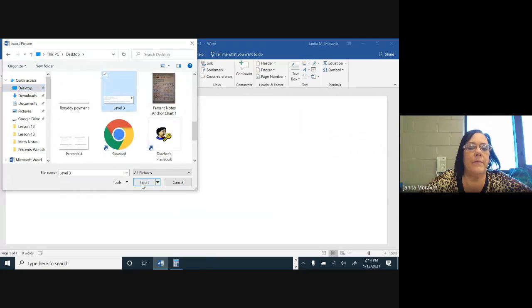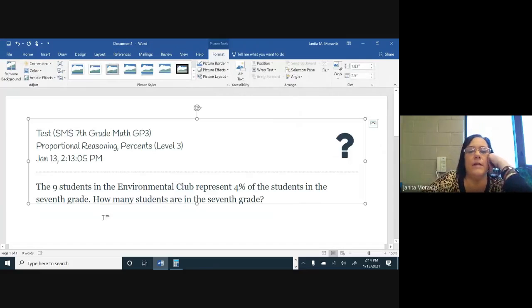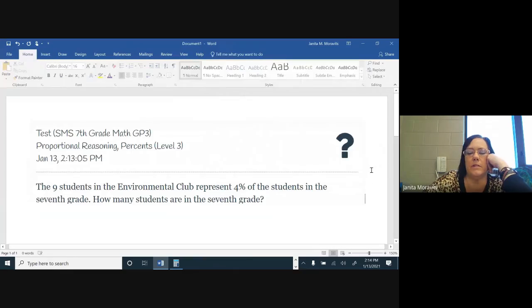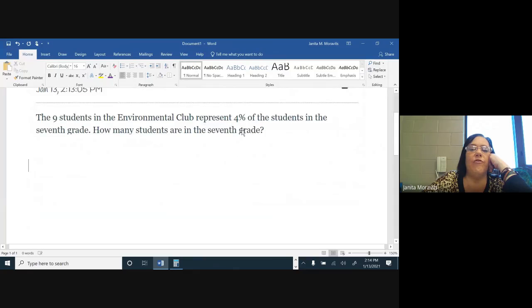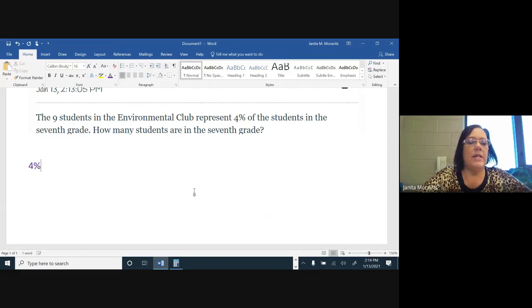Level 3, here we go. There's our question. All right, now, it says the 9 students in the environmental club represent 4% of the students in the 7th grade.